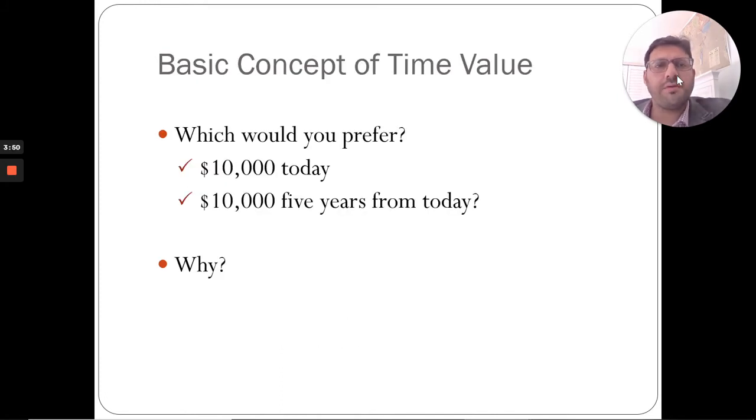So if someone gives you two alternatives, either get 10,000 today or get 10,000 after a 5 year period of time, which alternative will you opt for? Most of you are right, you will go with 10,000 today. And why so? Because the 10,000 you can put to work.